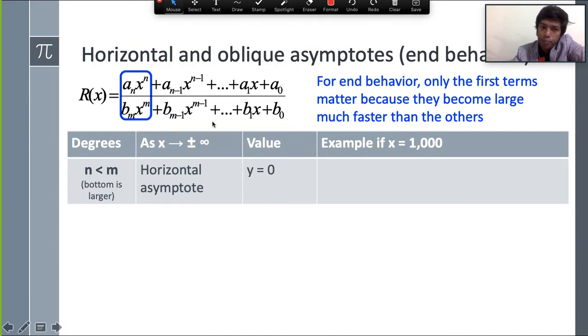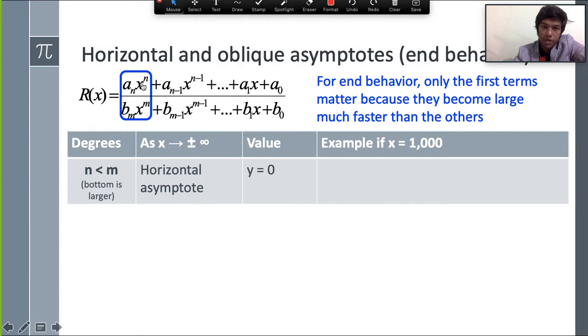you will have to look at the highest power in the denominator and numerator. If you forgot, the upper or top number is called the numerator, the bottom number is called the denominator.